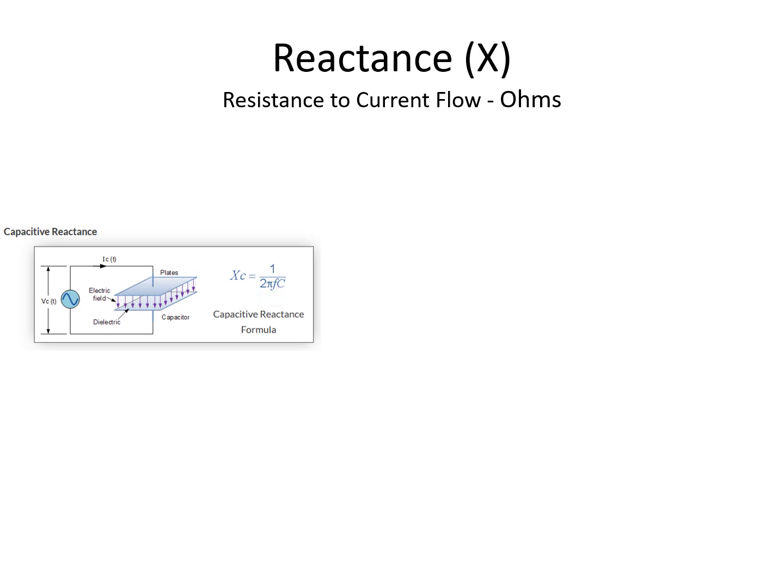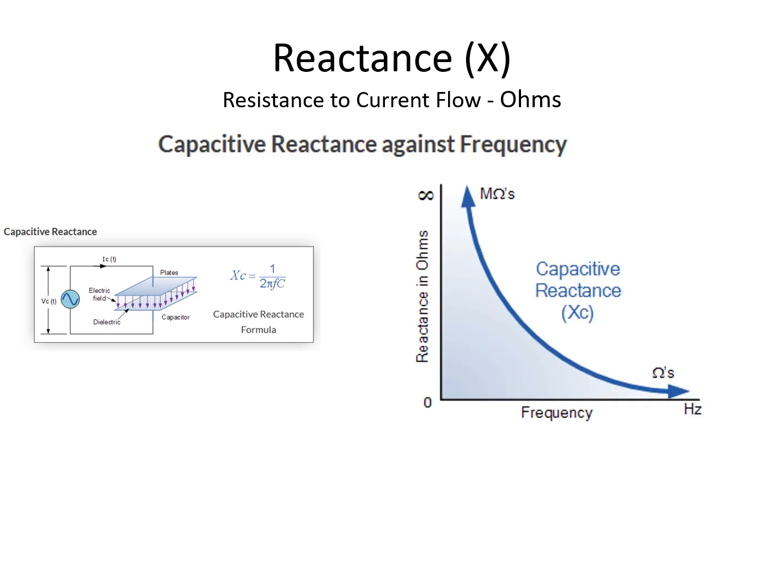So if you're at zero frequency or DC, then you're way here at 0, and the reactance in ohms is near infinity. And then as you increase the frequency, the reactance for the capacitor decreases and comes down this curve.